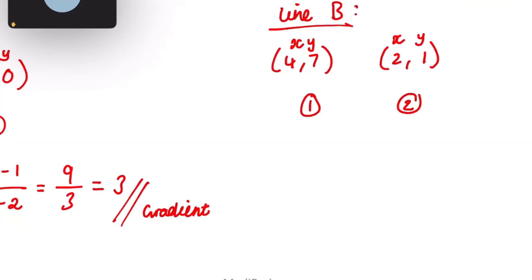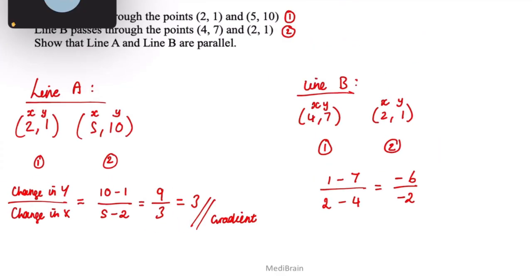So you're going to do the second y coordinate subtract the first y coordinate, so it's going to be 1 minus 7. And then you're going to divide it by the second x coordinate subtract the first x coordinate, so it's 2 subtract 4. 1 minus 7 gives you minus 6, and 2 minus 4 gives you minus 2. And minus 6 divided by minus 2 gives you 3.